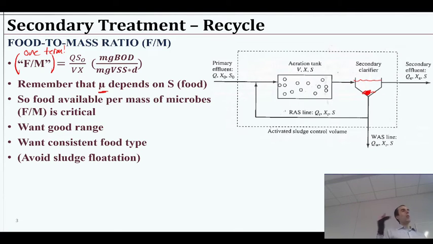And so most of your mass is made up of just 2 or 3 bacterial species. Almost all of them. Something like 90 to 95% will be like 3 to 5 different species comprising the vast majority of organisms in there if you were to count all the cells. Of course, there's going to be other ones, but that's just typically how we operate and what ends up happening given how specific the conditions are. So we want to keep a good range for them and ultimately avoid that sludge flotation.